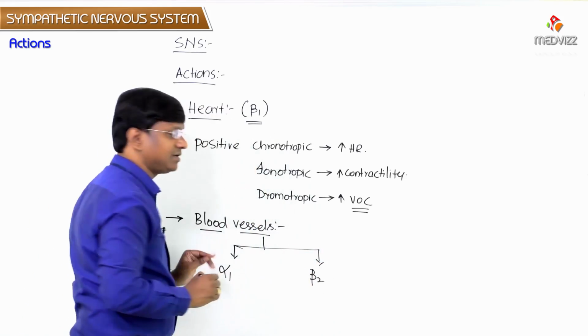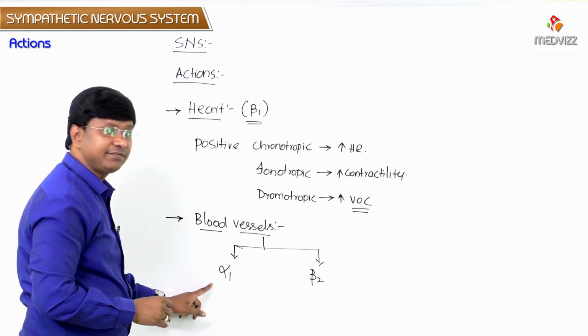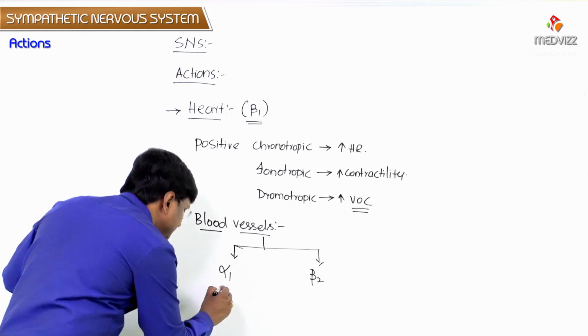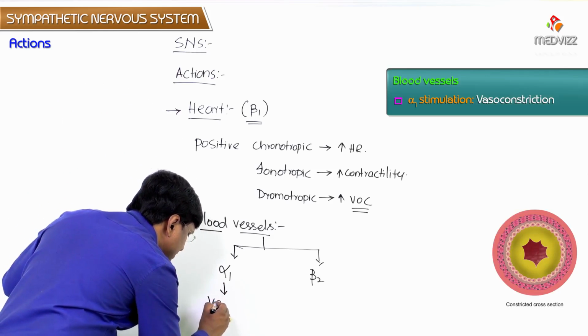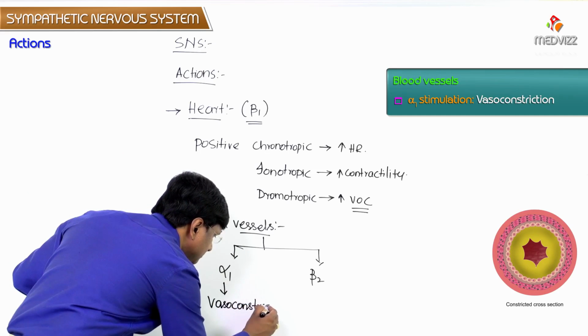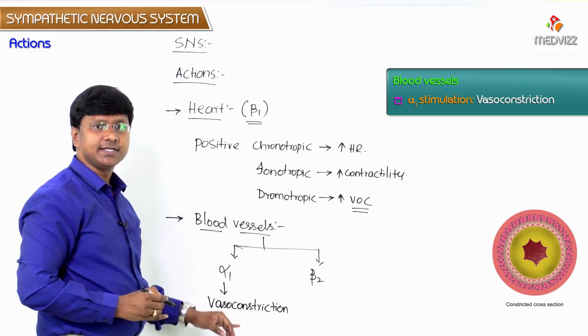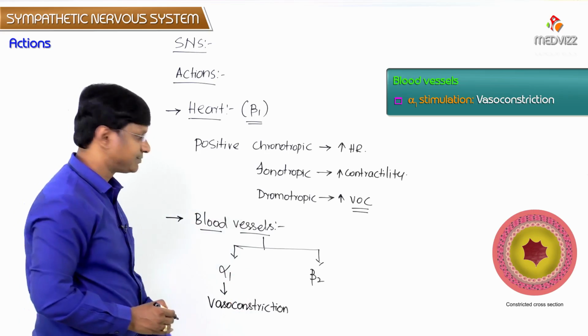A point you should remember is, if alpha 1 receptors are stimulated, that will cause vasoconstriction.